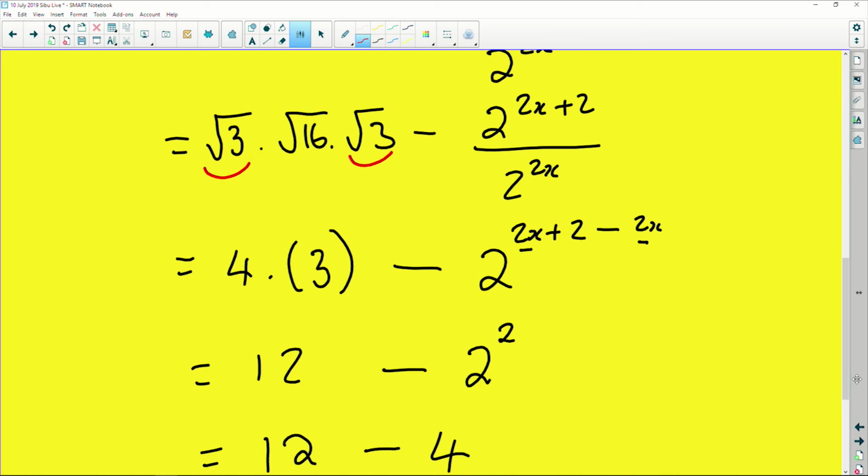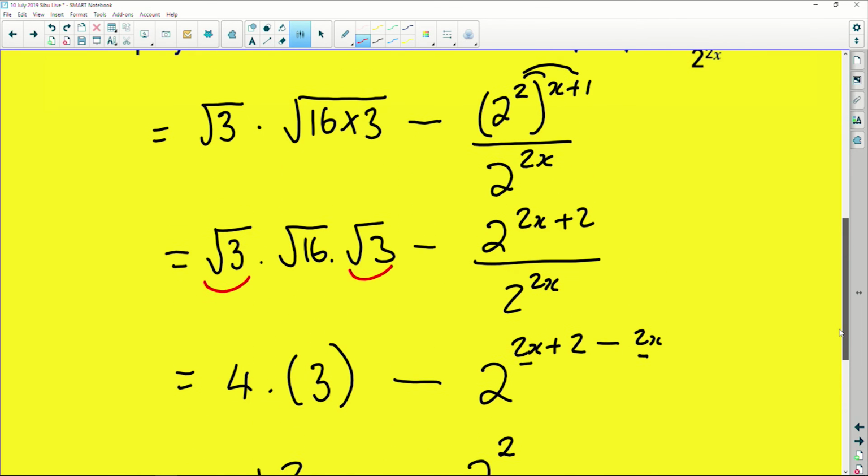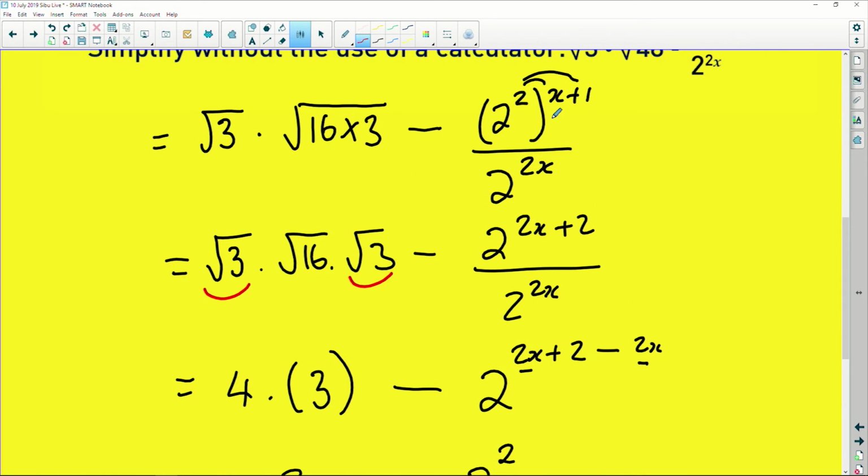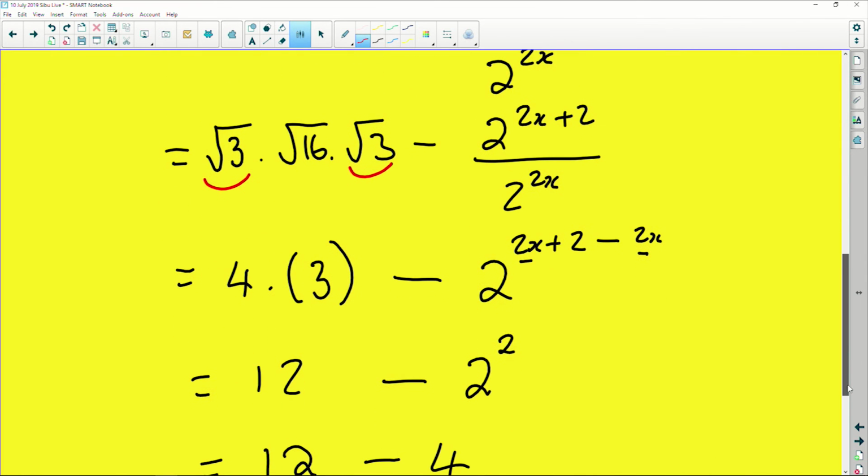And then on the right-hand side, this part of the exponent here, when you have a power raised to an exponent, you just have to multiply. 2 times x will give you 2x, and then 2 times 1 will give you positive 2 divided by the denominator there, right? And then when you simplify further there, we had to subtract the exponents, because we've got 2 to the power something divided by 2 to the power something else.